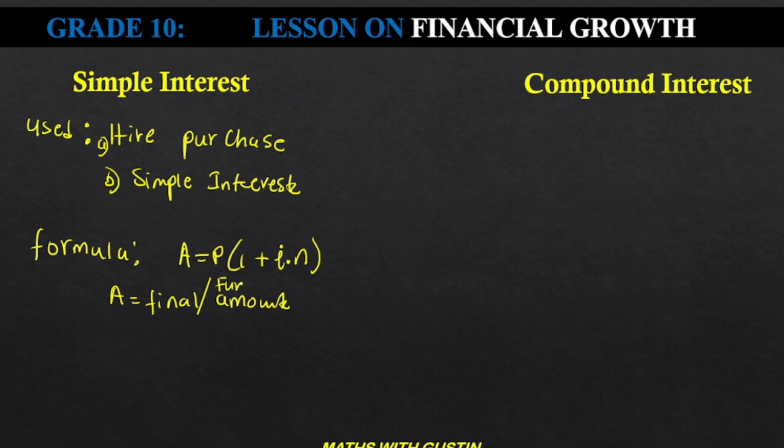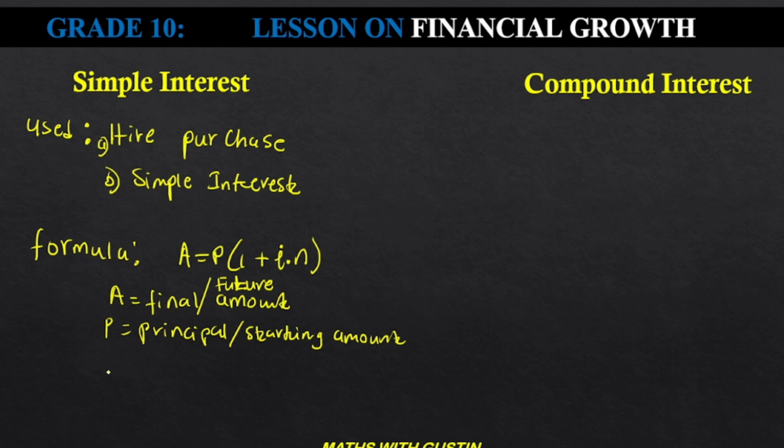I have seen some other textbooks that say future amount. P can also be referred to as principal amount or starting amount. This is the amount you are starting to invest the money with.